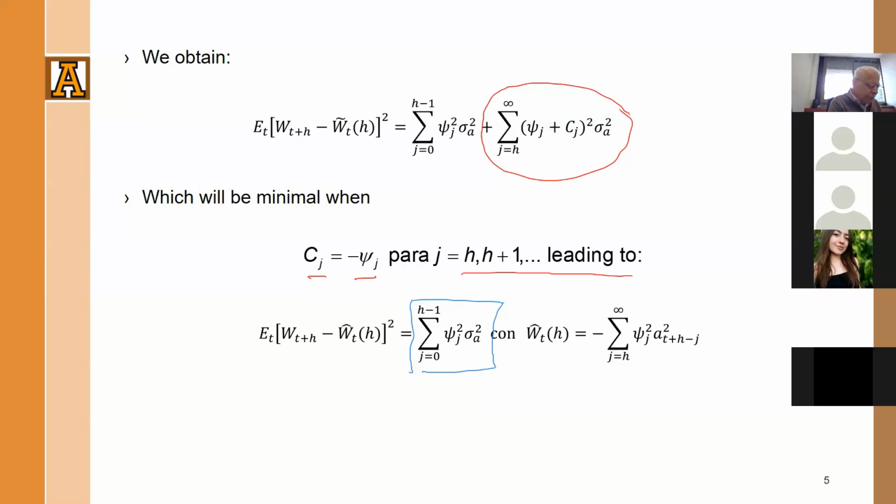Because if we achieve the minimization of this whole thing, we will have Cj equal to minus Cj, so that this part will disappear.